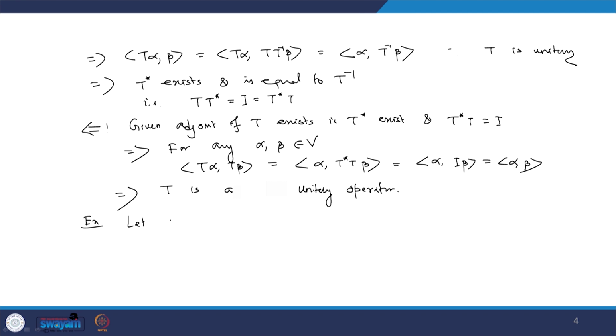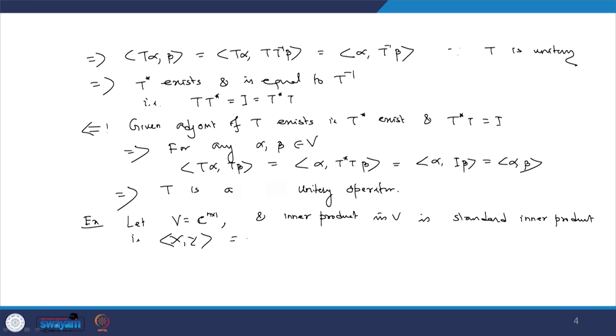Let V equal to the space of all n cross 1 column matrices, C n cross 1. I mean to say that is a column matrix over the complex plane, and inner product in V is the standard inner product, that is inner product of x and y equal to y star x.